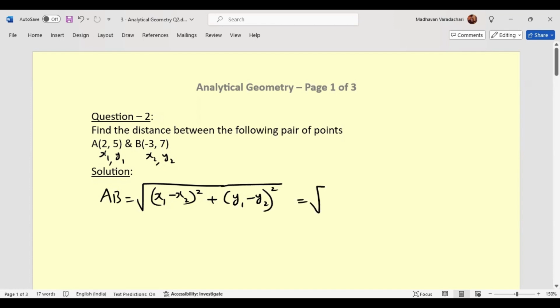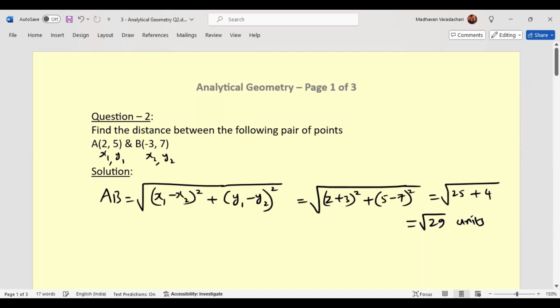So if I substitute, it will be 2 minus (-3), it becomes 2 plus 3, the square, plus (5 minus 7) the square. That is equal to (2 plus 3) the square is 25, and this is (-2) square, so it is plus 4. So we get root 29 units. That is the solution for this particular question.